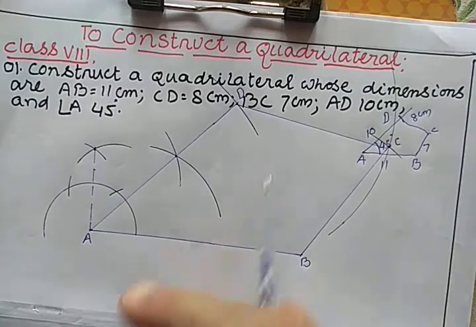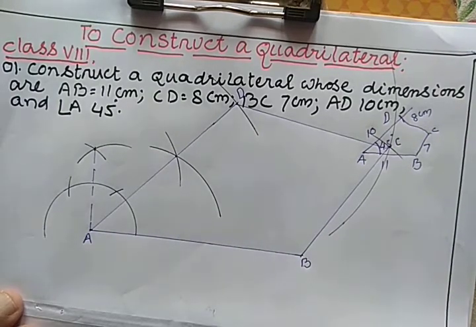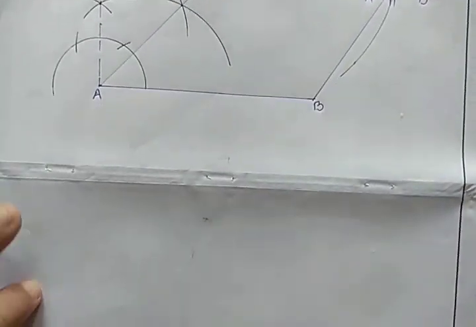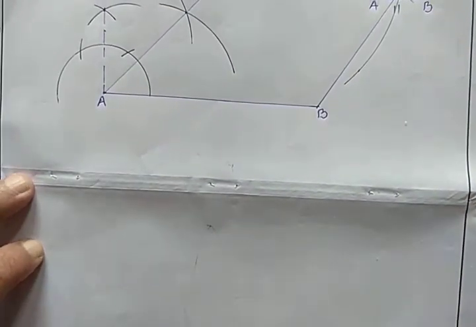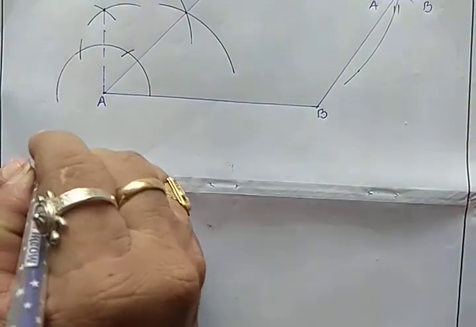So now your question is not completed. After constructing this, you need to write the steps. How you constructed this? Step 1.